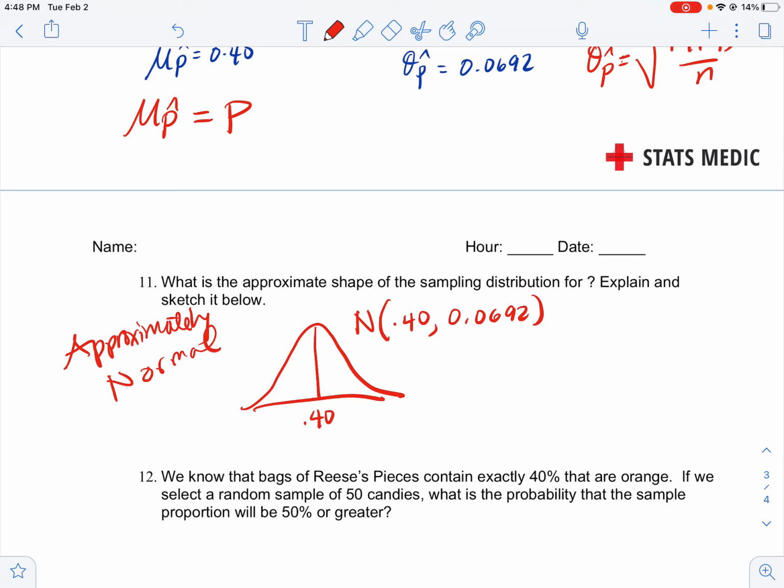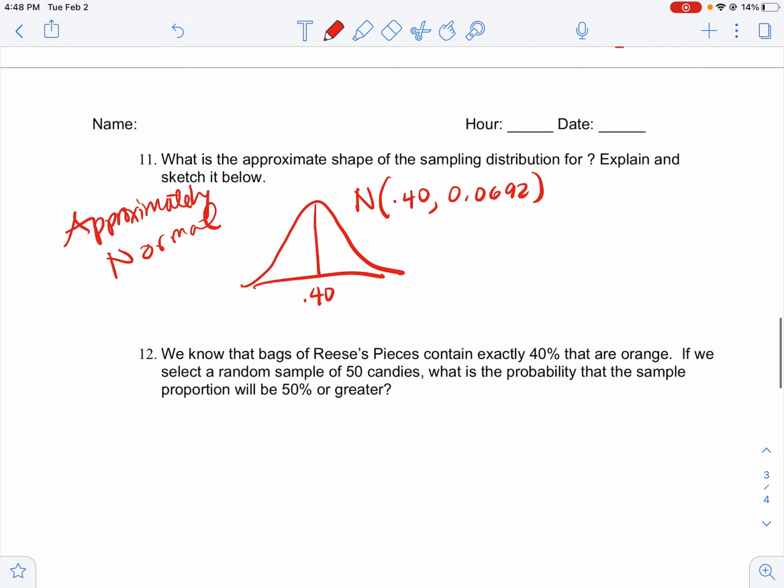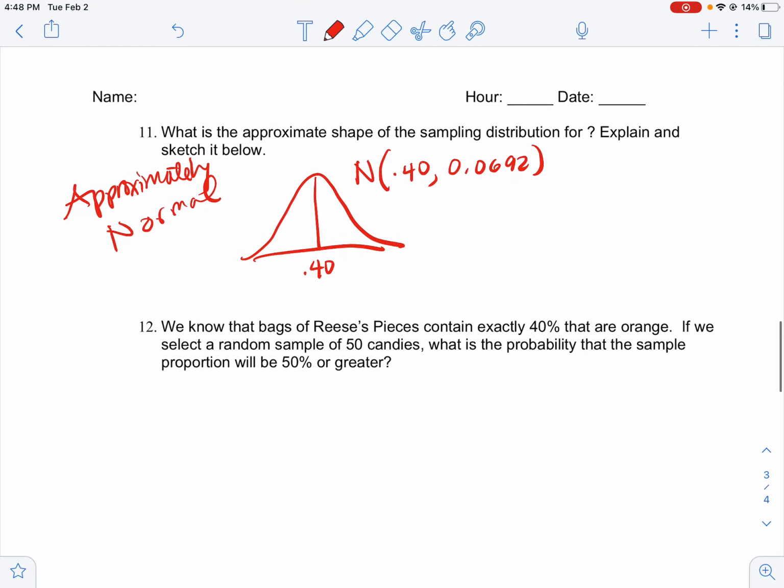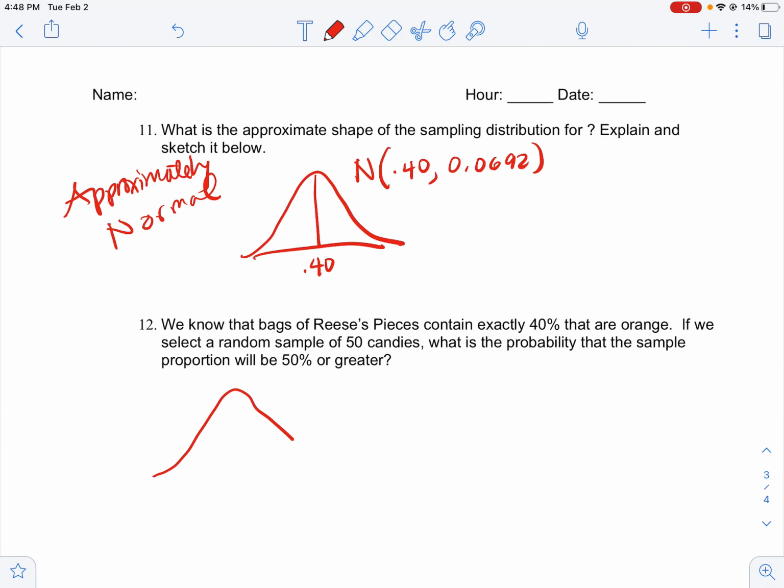Moving on. We know that bags of Reese's Pieces contain exactly 40% that are orange because that's what the company told us. If we select a random sample of 50 candies, what's the probability that the sample proportion will be 50% or greater? So let's see. 0.4, 0.4, 0.0692.